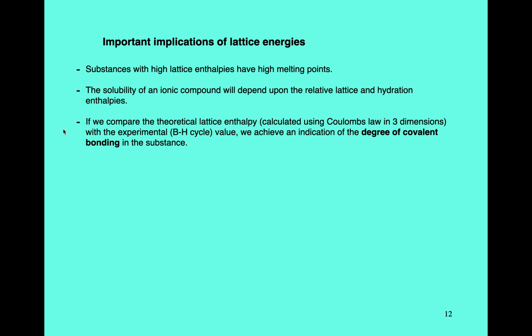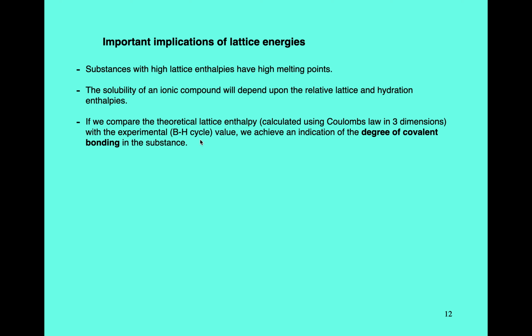This is important now. This is like a tertiary factor when you talk about the strength of lattice enthalpies, but it's an important detail. If we use Coulomb's law, which is purely theoretical, we can work out the lattice enthalpy for a given ionic substance. But we used our Born-Haber cycle to work out the actual experimental lattice enthalpy.